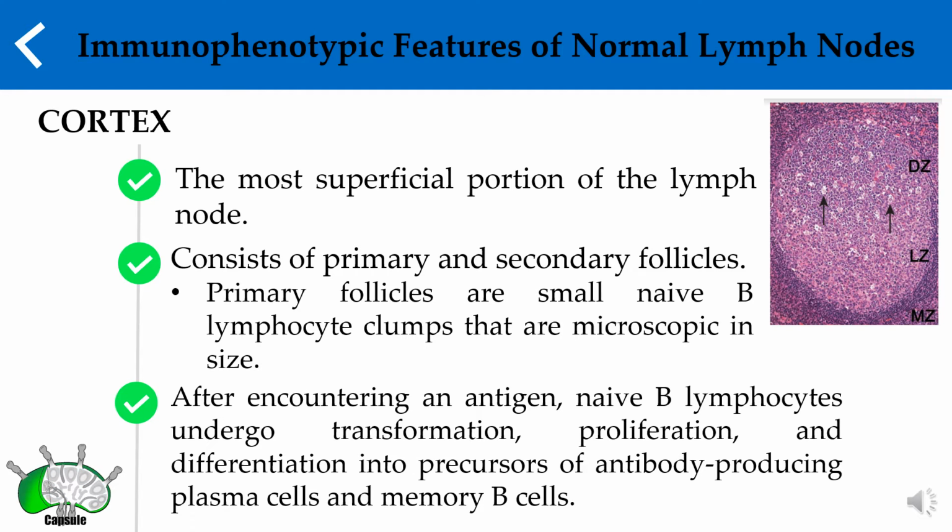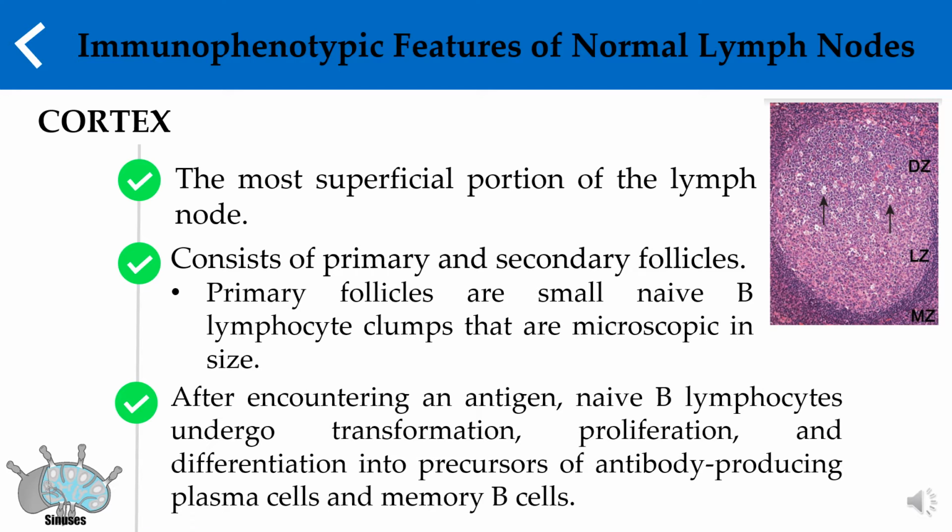After encountering an antigen, naive B lymphocytes undergo transformation, proliferation, and differentiation into precursors of antibody-producing plasma cells and memory B cells. The remaining naive B cells are displaced, pushed into the germinal center perimeter, and create the zone of the mantle.